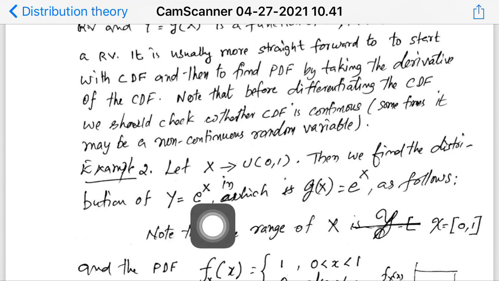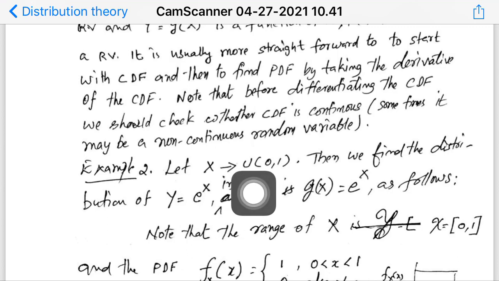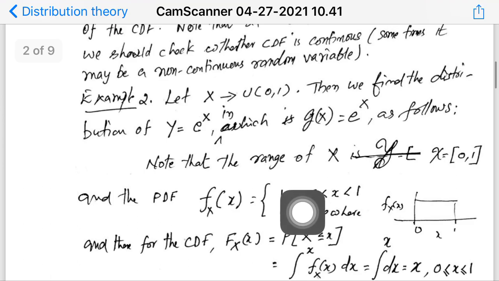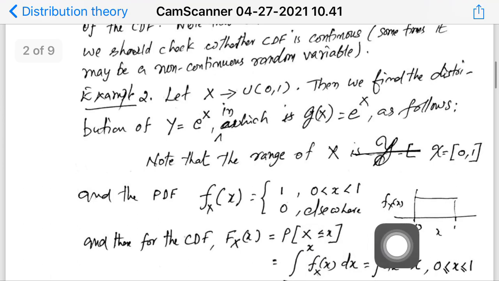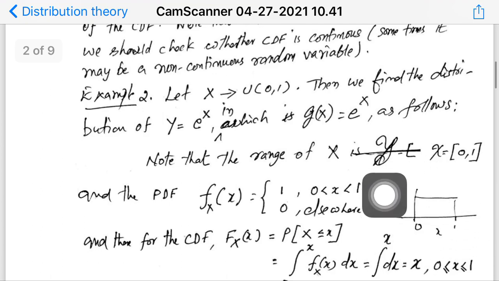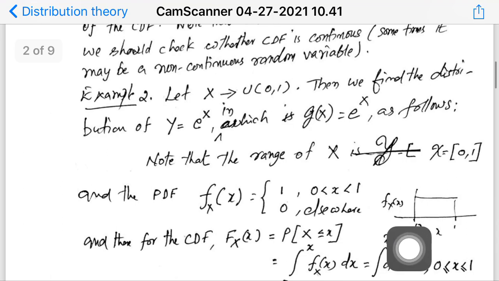Now in this example, I take x following a uniform distribution over 0, 1. Uniform distribution over 0, 1 means what is the density of x? It is equal to 1 in the range 0 to 1 and 0 elsewhere, and the graph of that density is also given for your easy reference.